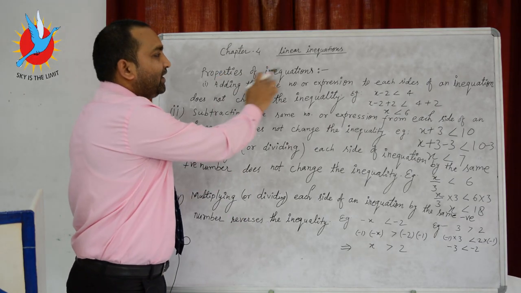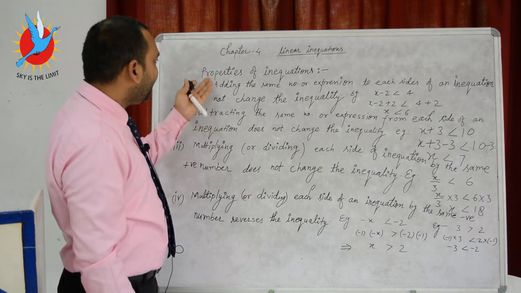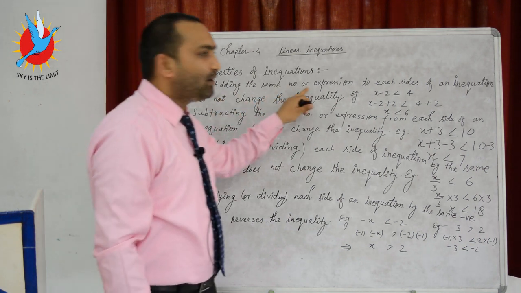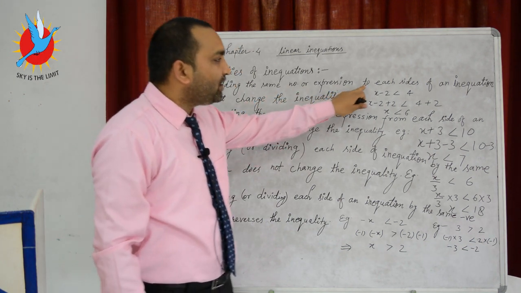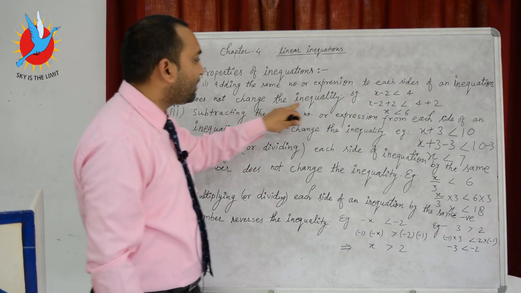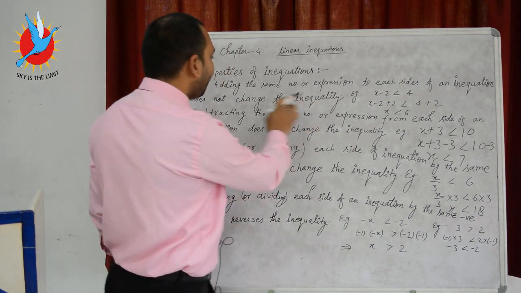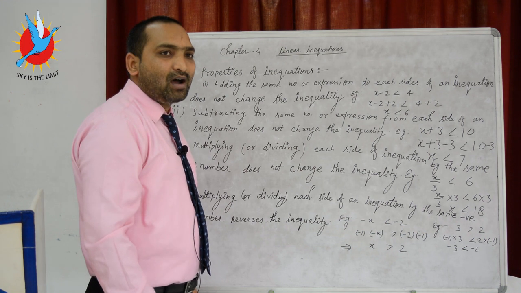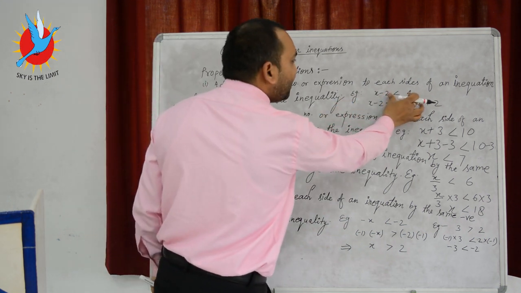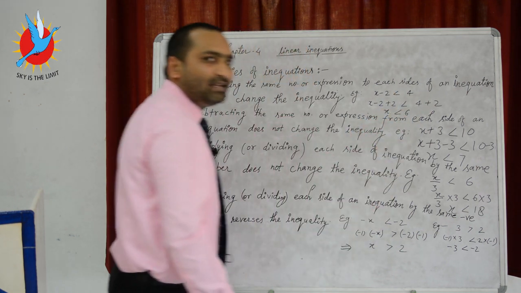Now, properties of inequations. First, adding the same number or expression to each side of an inequation does not change the inequality. It means when we add the same number to any inequation, the inequality sign remains the same.